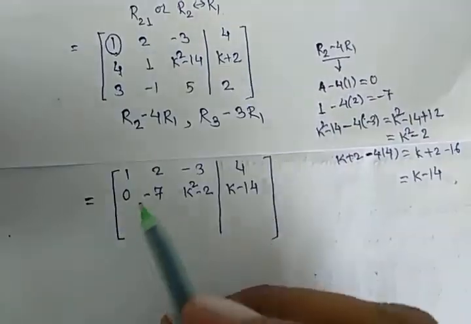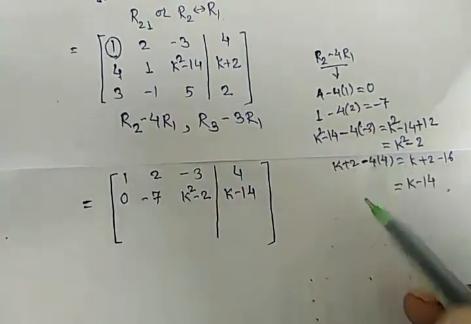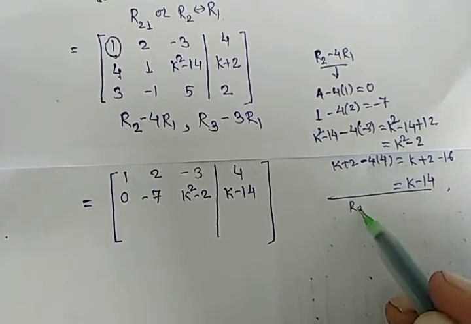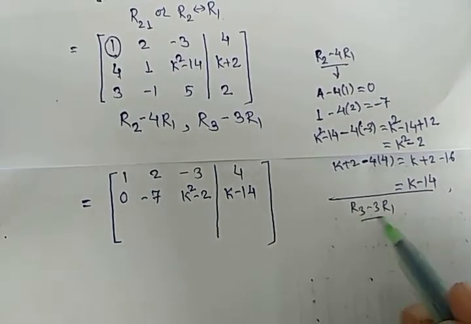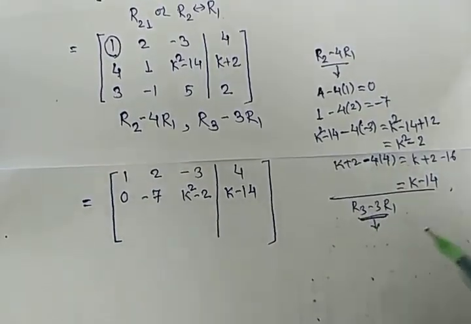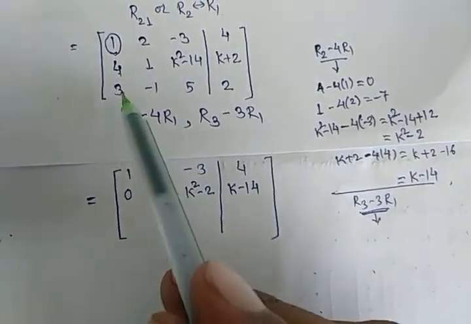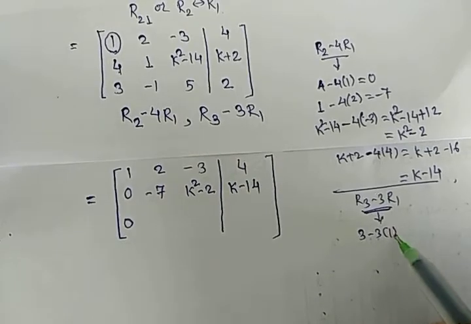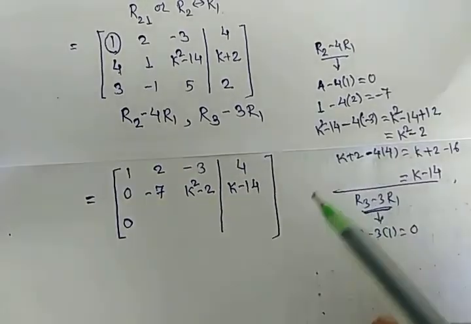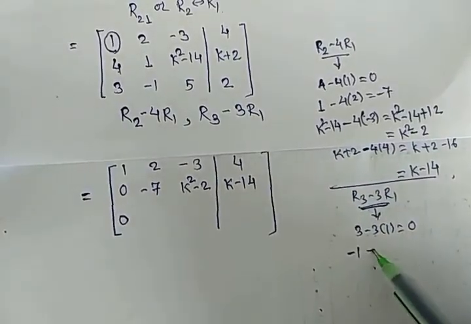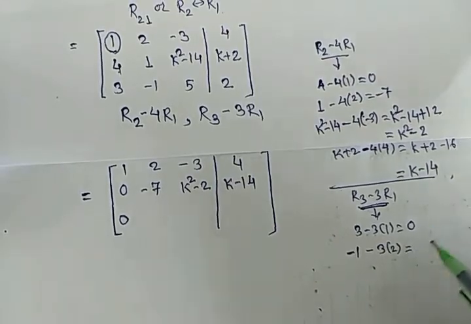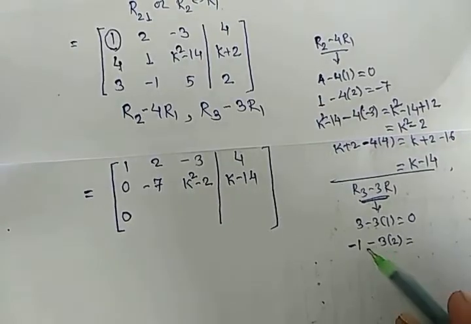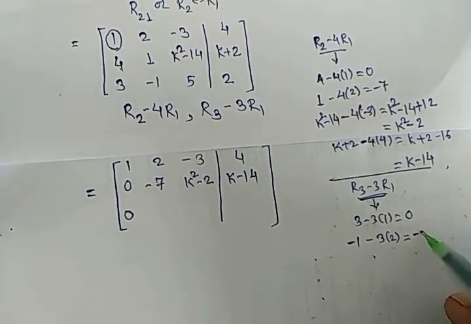Okay, last row 3, we have row operation as R3 minus 3R1, which is our row operation for third row. So here 3 minus 3 is 0. 3 minus 3 into 1, which is 0. Next it is minus 1 minus 3 into 2, which is minus 1 minus 6, which is minus 7.